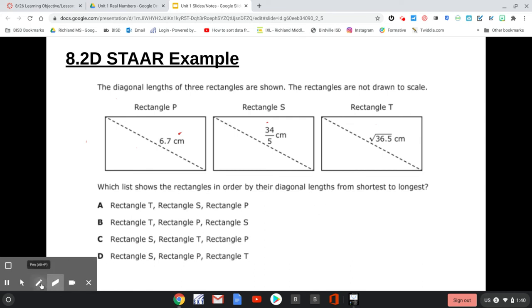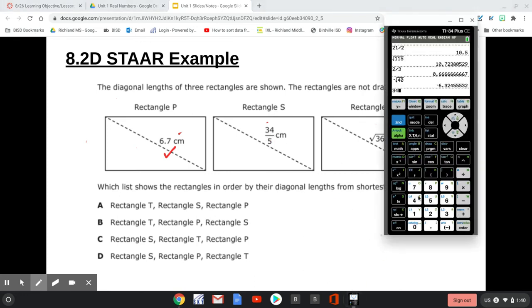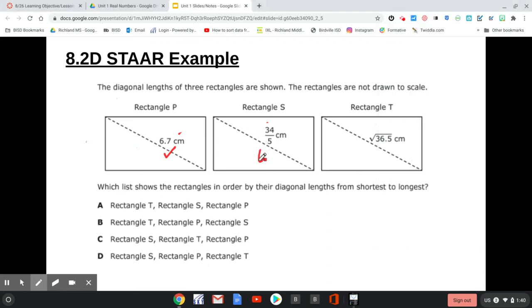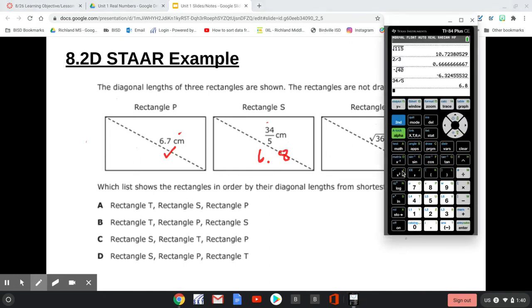So let's do that. This one's already a decimal, so that's okay. We need to convert this one. So 34 divided by 5 is going to give us 6.8. And then the last one is the square root of 36.5. Enter. And that's going to give us 6.04.